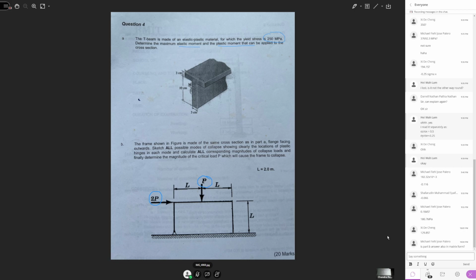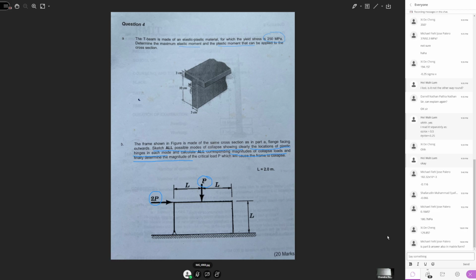You're asked to sketch all possible modes of collapse, showing clearly the locations of plastic hinges in each mode, calculate all corresponding magnitudes of the collapse loads, and finally determine the magnitude of the critical load which will cause the frame to collapse.